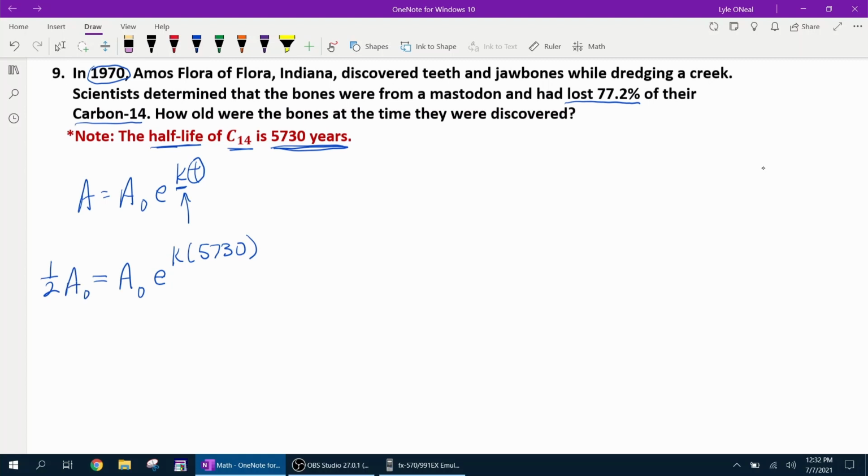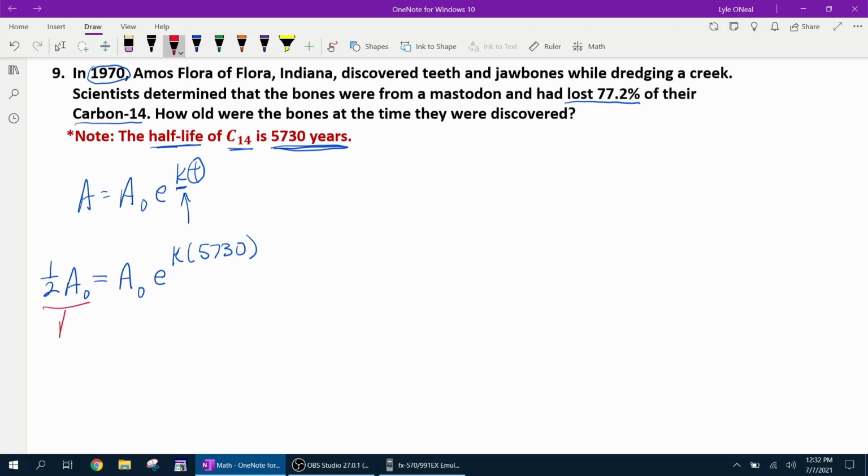So we can set up this formula, knowing that half of the original amount will be left after 5,730 years, and then we should be able to solve for our decay constant.